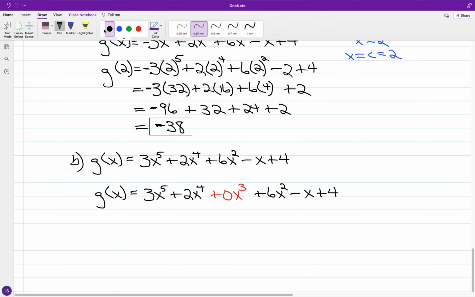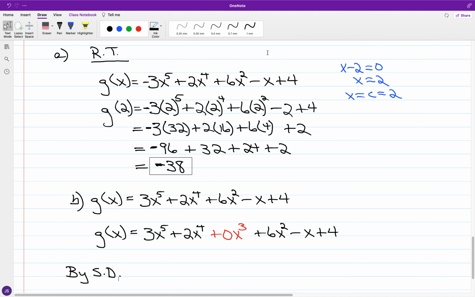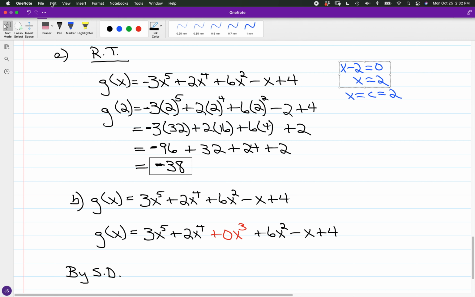And again, by synthetic division, we're looking at this same binomial expression.